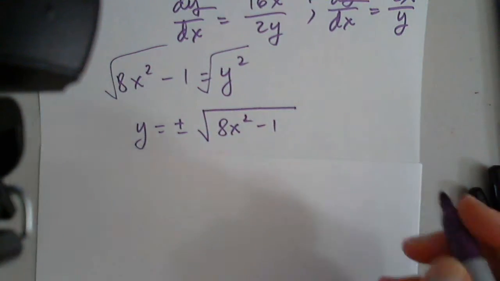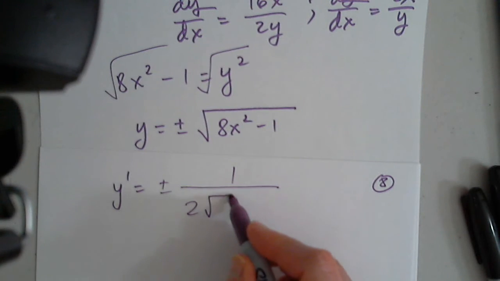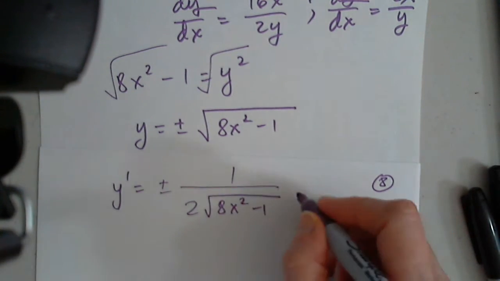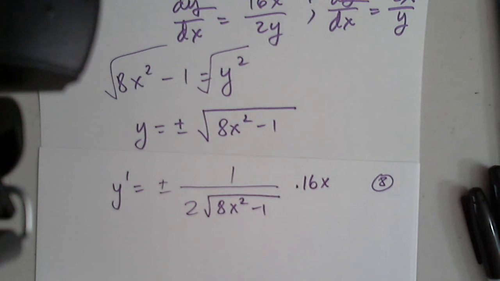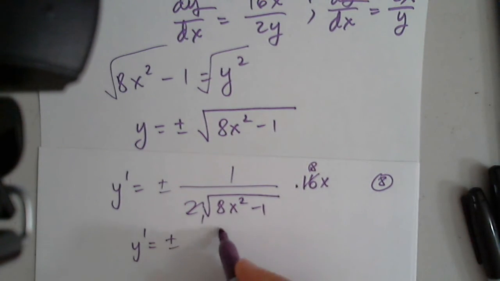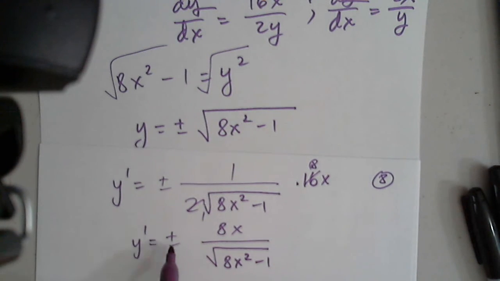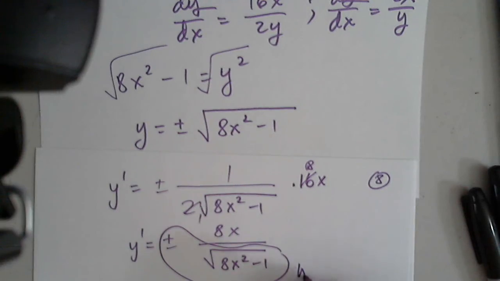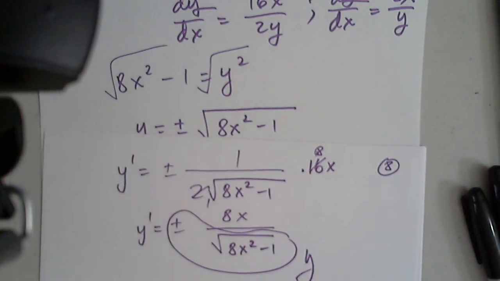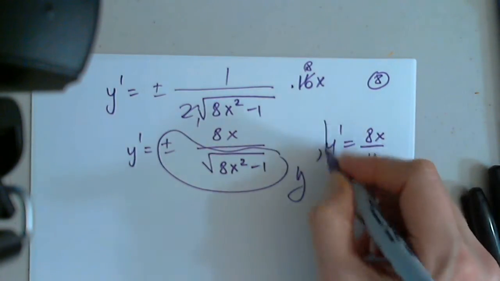Okay, so then y prime will be plus or minus 1 over 2 times the square root of 8x squared minus 1, multiplied by 16x. And then y prime will be 16x, so I simplify by 8. So plus or minus 8x over the square root of 8x squared minus 1. But this can be replaced by y. It's the same thing. So therefore, it's the same answer. Y prime equals 8x over y.